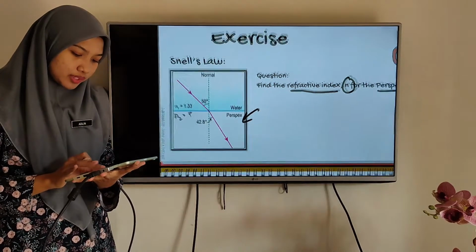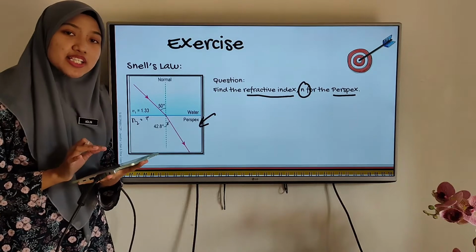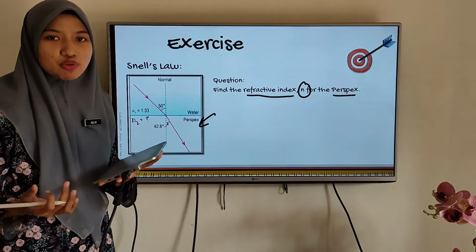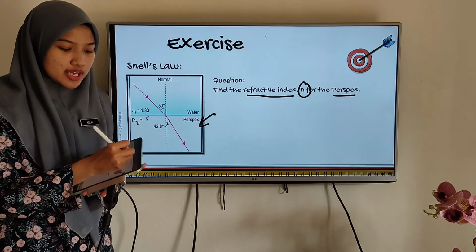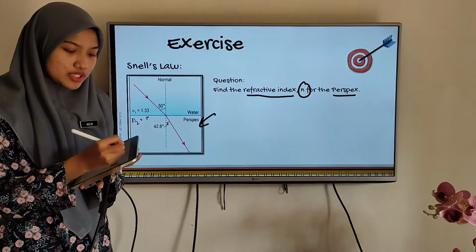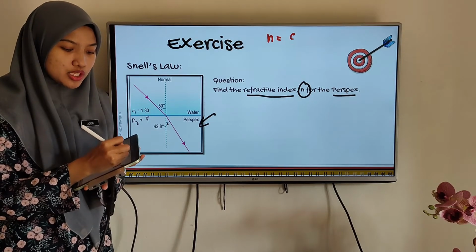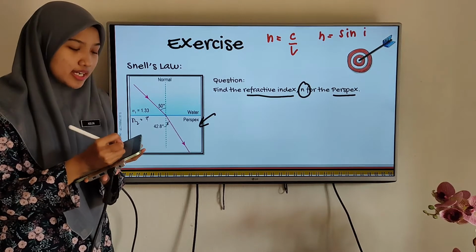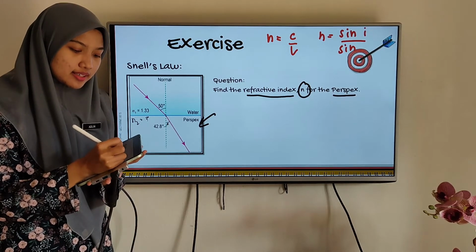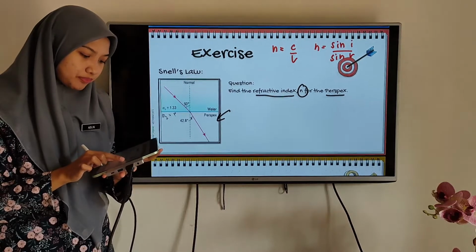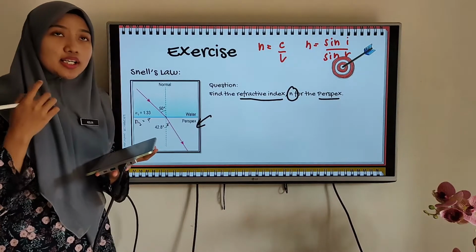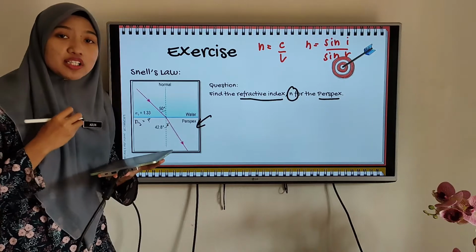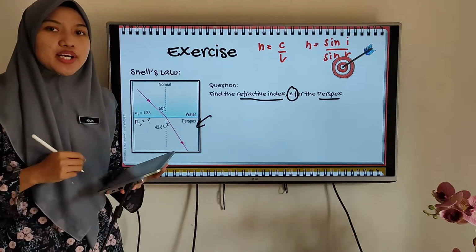Alright, before this I stated that there are many ways to find n, right? n equal to c over v, or n equal to sine i over sine r. But here, the clue is it gives us two media.